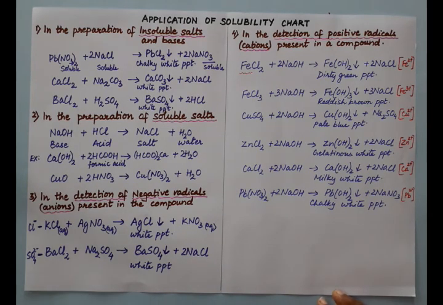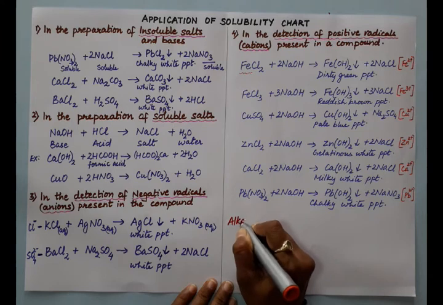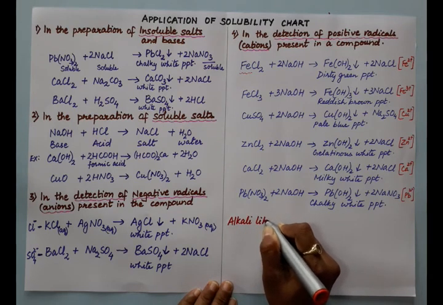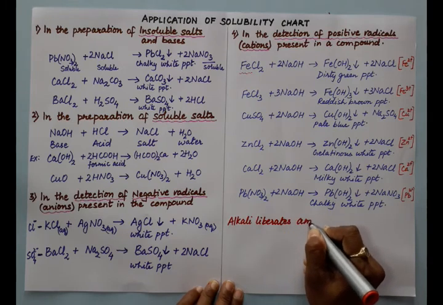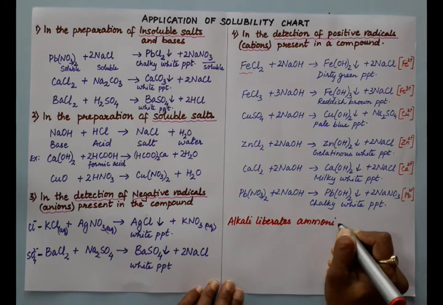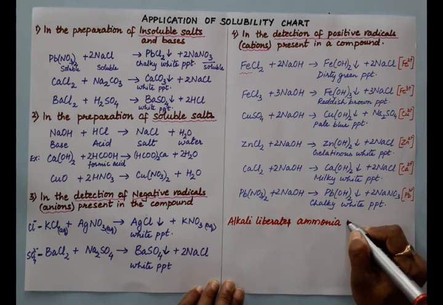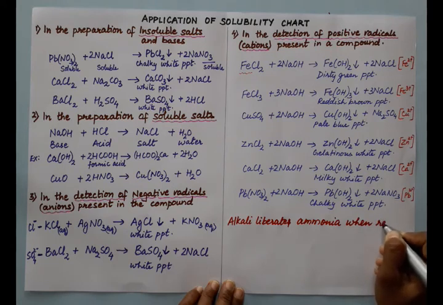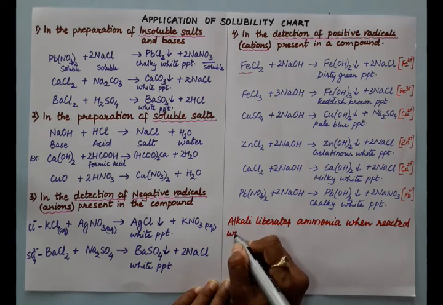Now the next one is, we can also detect ammonium compounds by this. Alkali liberates ammonia when reacted with ammonium salts.